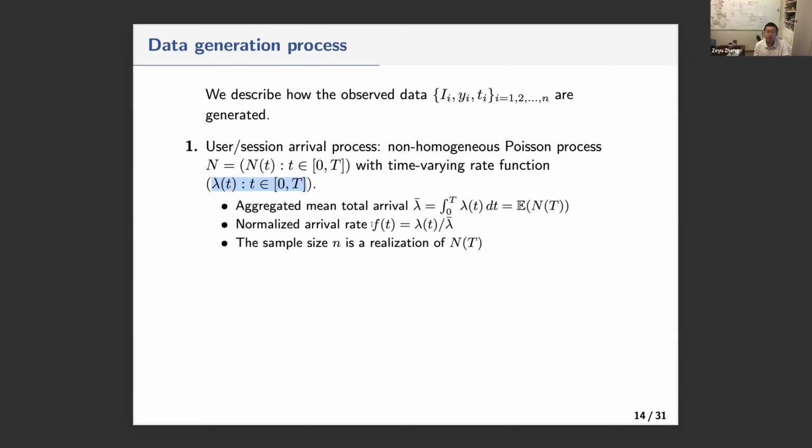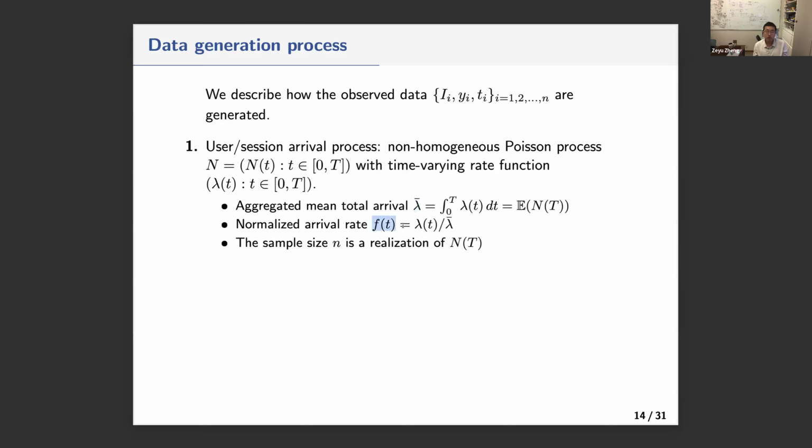There are a few parameters I need to use in future slides. One is lambda bar, which represents, for this stochastic process running between 0 and capital T, how many users will enter the experiment during the experiment horizon. This is the aggregate arrival rate.